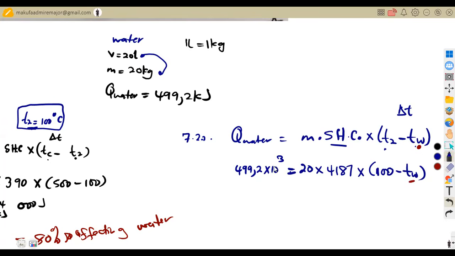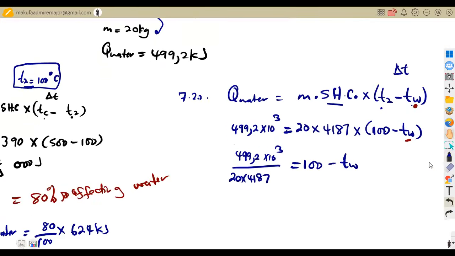So here, without wasting much time, just divide by this on the other side, because we want to remain with this part. So we are going to have 499.2 times 10 to the exponent of 3 divided by the whole of this part here, which is 20 times 4187. So here we are going to remain with the 100 minus the temperature for water, which if you divide these two, you are going to obtain 5.961 is equal to 100 minus the temperature for water.